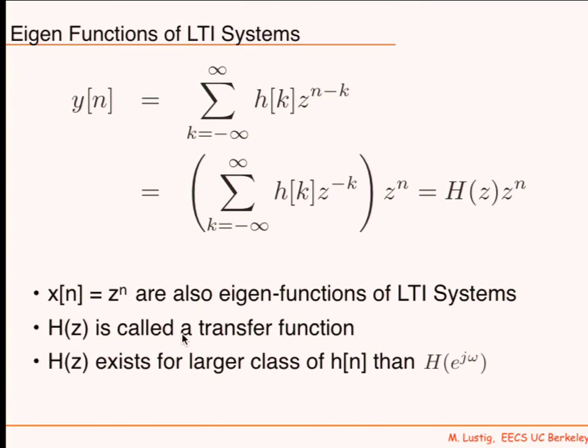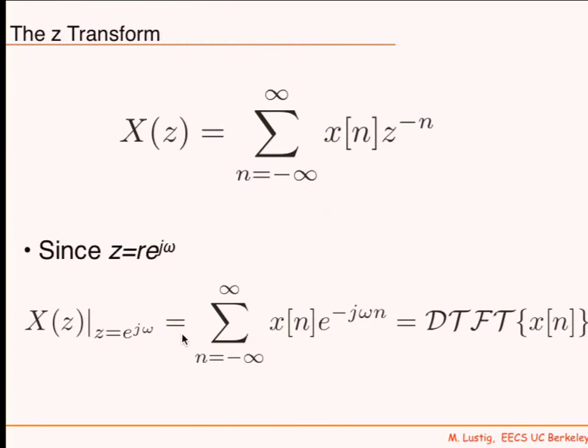H of e to the j omega doesn't exist for everything, and h of z doesn't exist for everything either, but it exists for a larger class of signals. So we can analyze a larger class of them, some non-stable, or some stable within certain regions. We're going to talk about it when we talk about region of convergence.